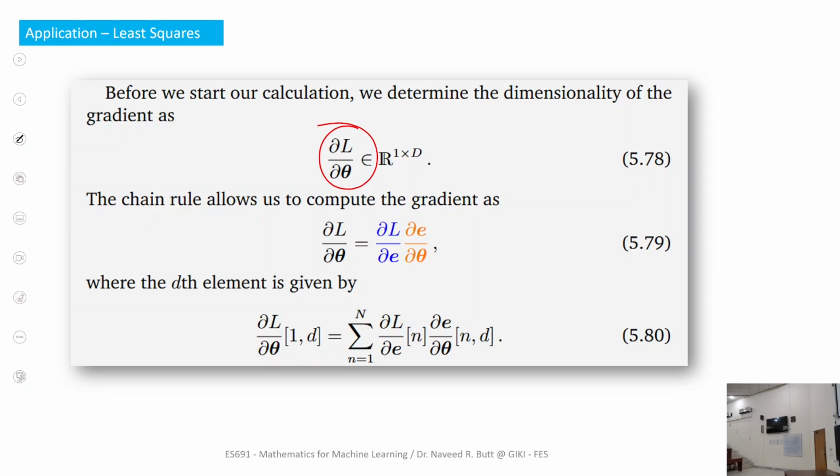Again, remember, what we want to know is the sensitivity of L to theta. If we quantify it exactly, we can try to find where its minimum comes with respect to theta.